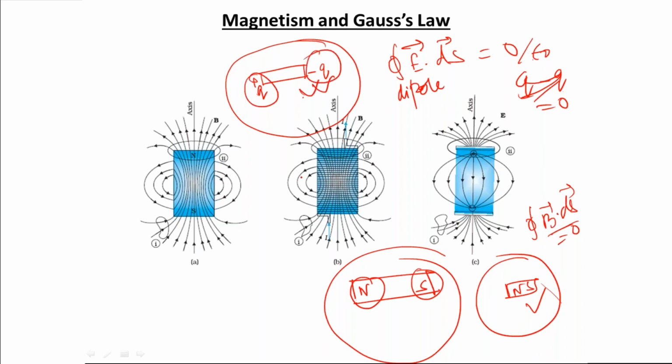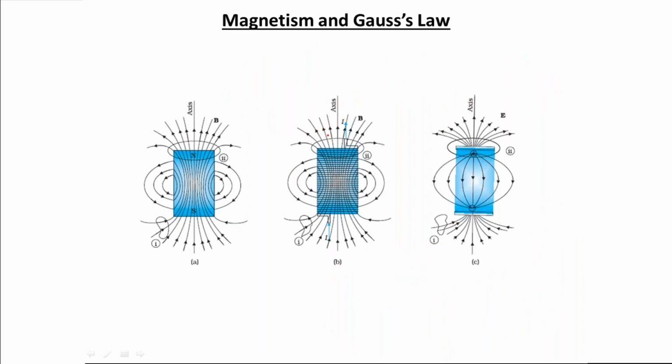Another point, as I told you, magnetic field lines are closed, but electric field lines are not closed. Suppose this is the north pole and this is the south pole.